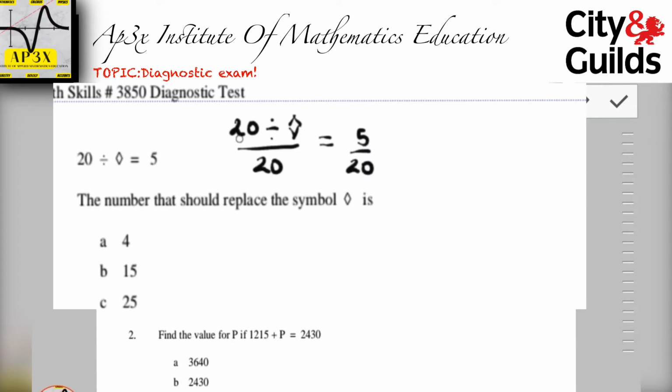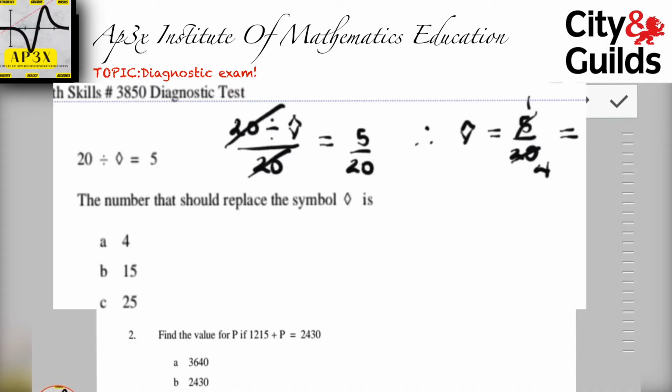So therefore the 20 would cancel the 20. So basically the diamond is going to be equal to 5 divided by 20, which is 5 into itself one time, 5 into 20 four times, so that's equal to a quarter.